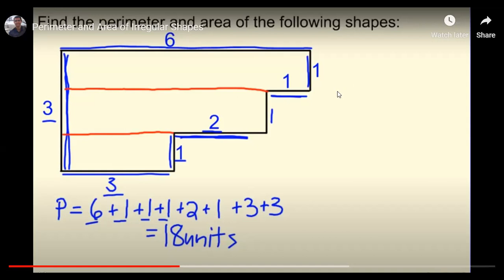Here, did you see? This is 1, 2, 3, right? 3 rectangles. Then we will start to calculate the area for each rectangle, and by the end, we are going to add all of them together to calculate the area for this composite figure.